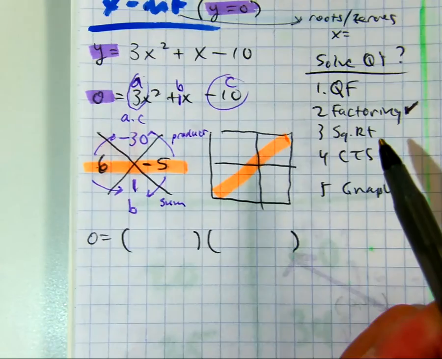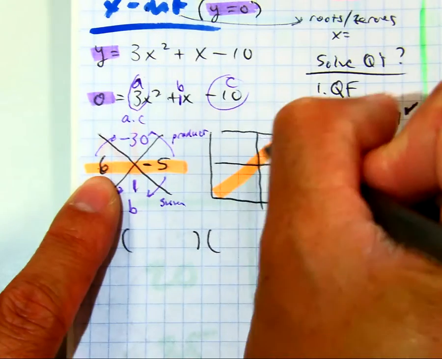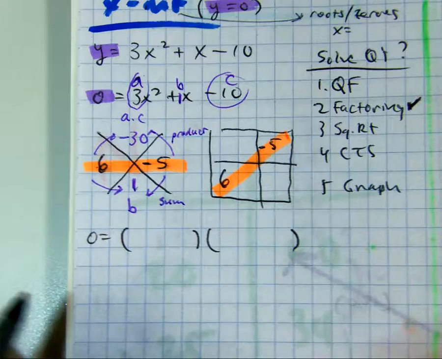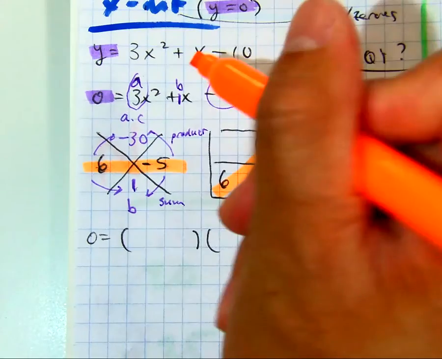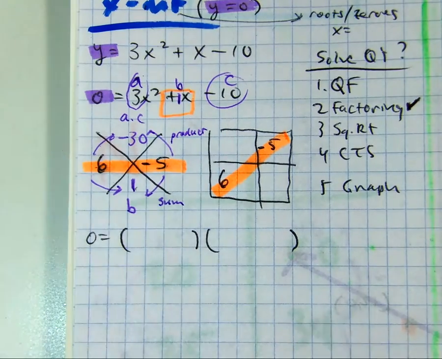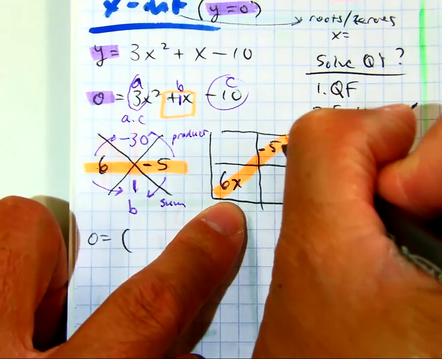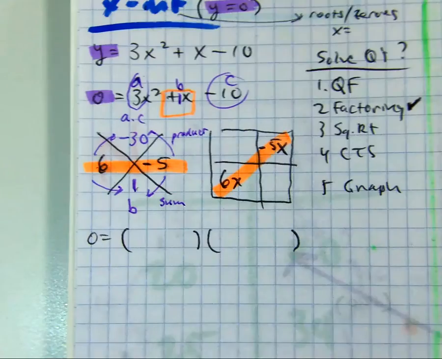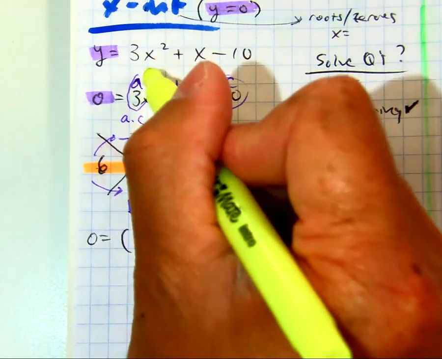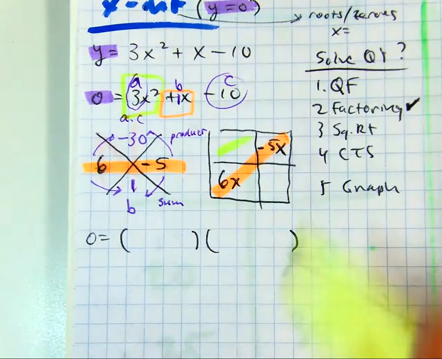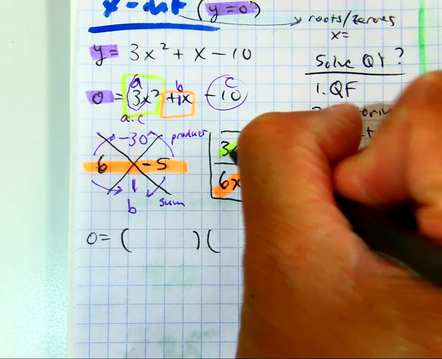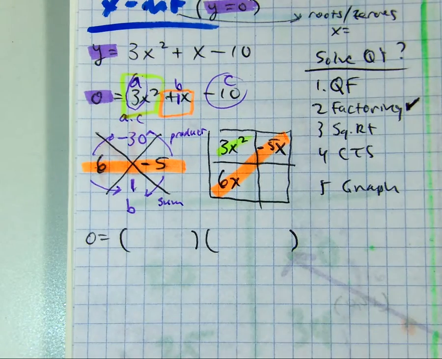It doesn't matter what order, so I have a 6 and a negative 5. Basically what this orange has done is that it has split this middle term here. So what you need to do is add an x. You're going to put the first term in top left always. So I have 3x squared and negative 10.